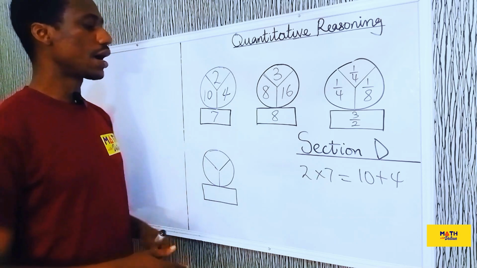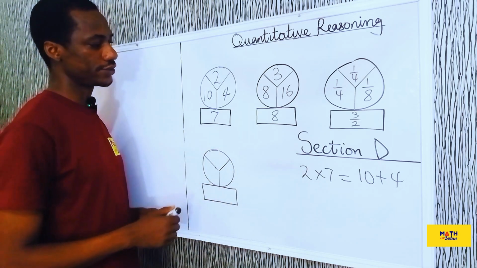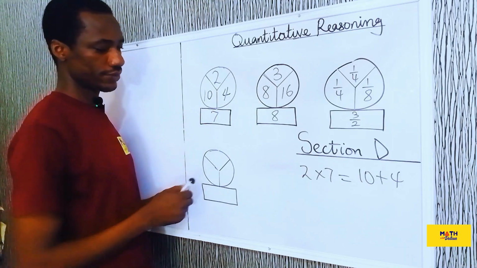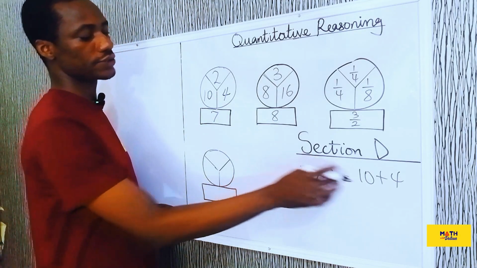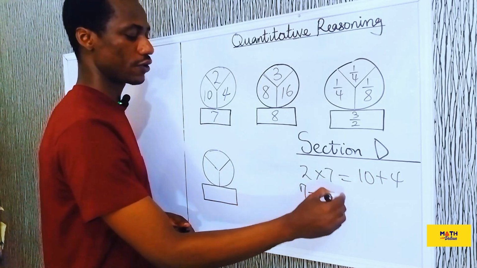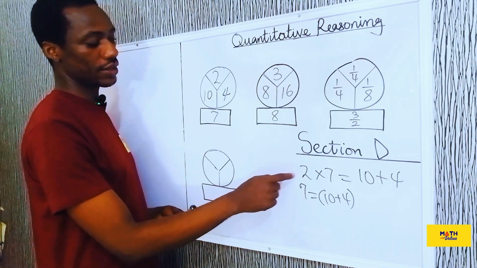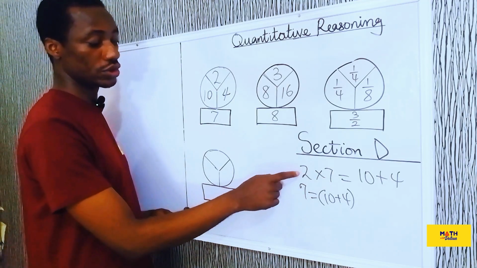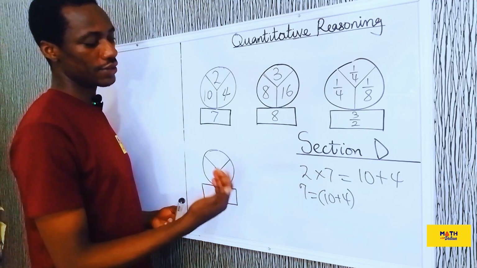So let's see how we can write out the analysis for this. Let's say we are looking for 7, missing from this part, so that means this portion is complete. We have 10 plus 4 complete, which is 14. 7 is missing, we have 14. We know that this times this is 14. So what do we multiply by 2 to get 14? That's 7.